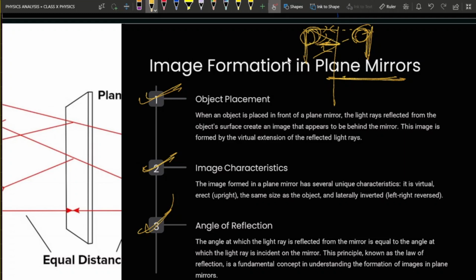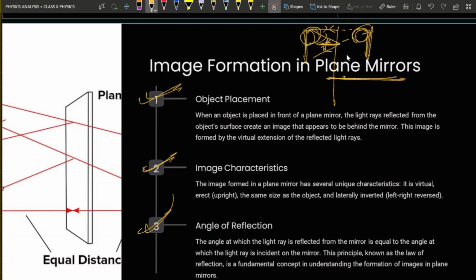According to the laws of reflection, this angle of incidence is equal to the angle of reflection. So to fulfill the laws of reflection, this light ray after reflection will go along this way only. There is no other path or direction. And when traced back behind the mirror, it will appear to meet here where the image is formed.